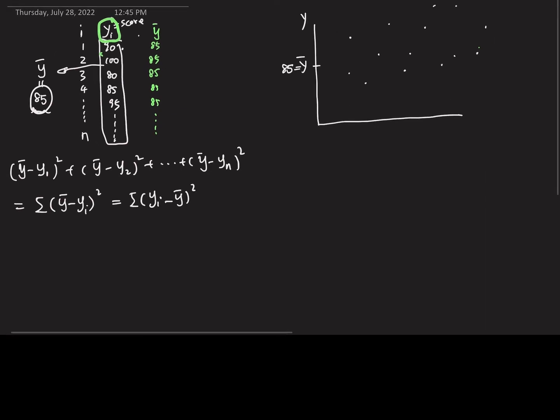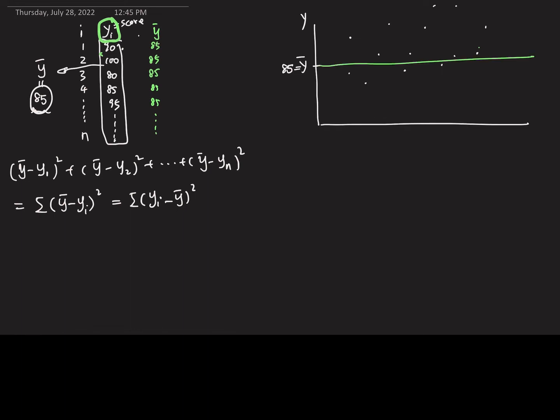Graphically, if I draw this is the average, and the deviation will be this much squared, plot this line squared, plot this line squared, plot this line squared, right? That's the deviation, that's the estimation error, squared, if you're using y bar as the point estimate for each observation, each value of y.